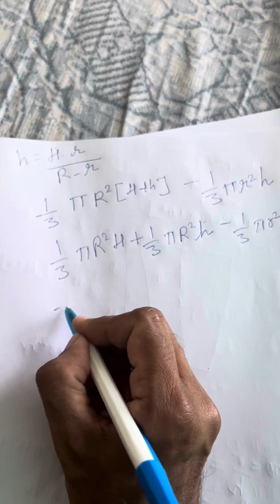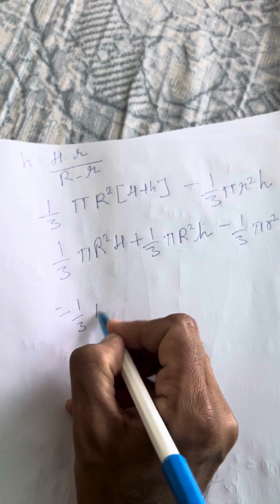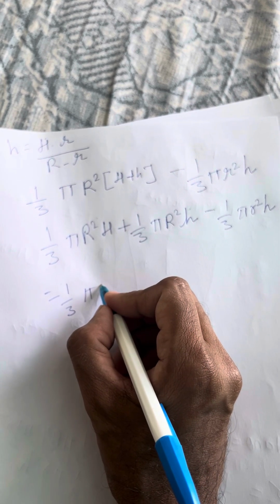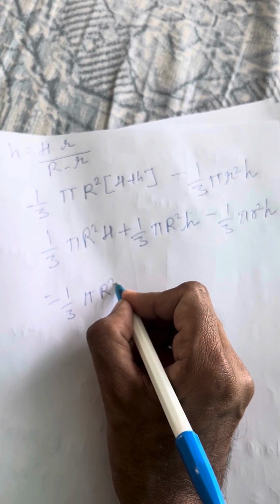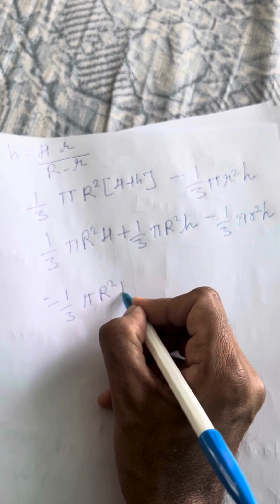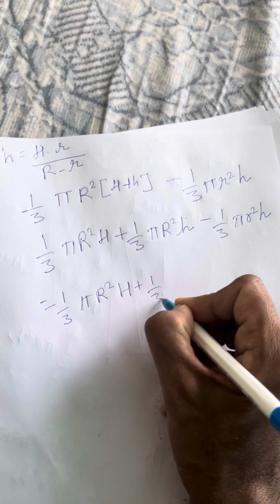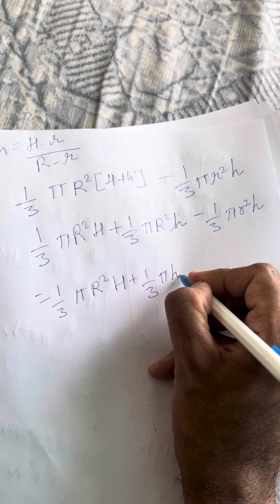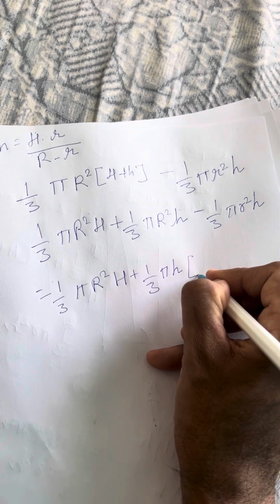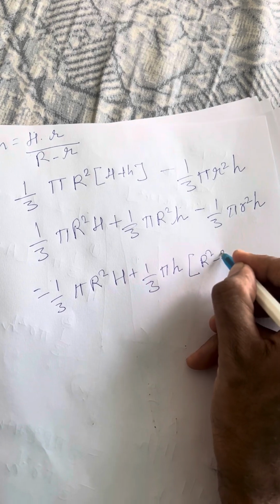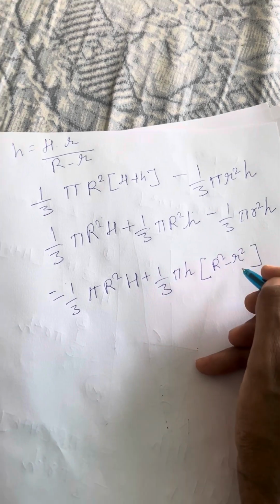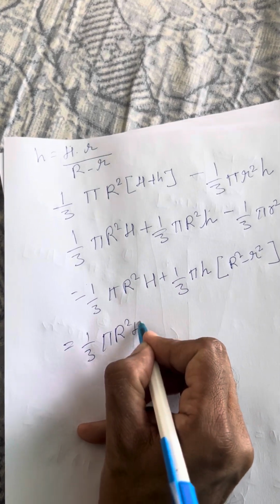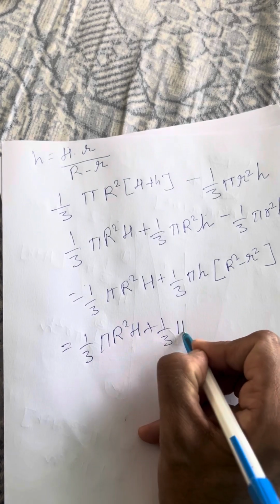Now what we are worried about is defining the small h in terms of the larger variables R and H. 1/3 pi H R square plus 1/3 pi h (R square minus r square), which is fine.